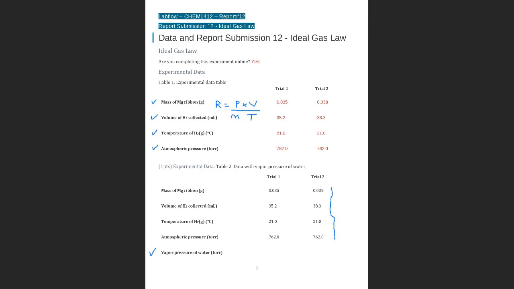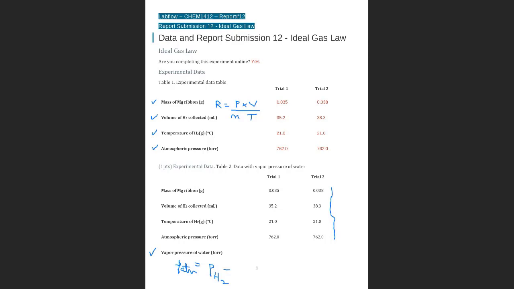So we assume that the total pressure inside the tube is equal to the atmospheric pressure. So the atmospheric pressure that we know equals the total pressure inside the tube. And what is the total pressure? What do you have inside the tube?